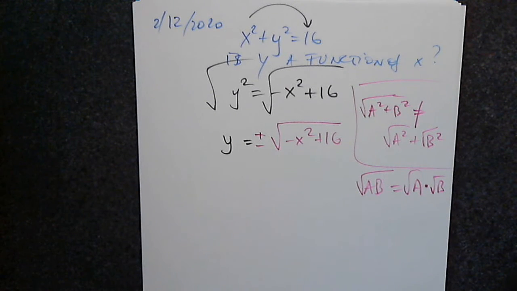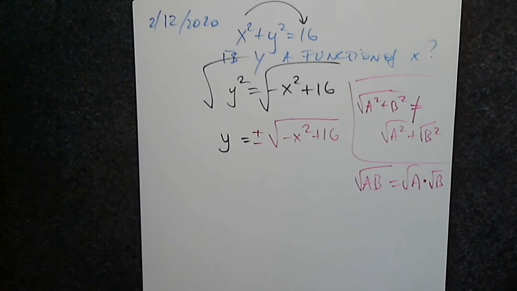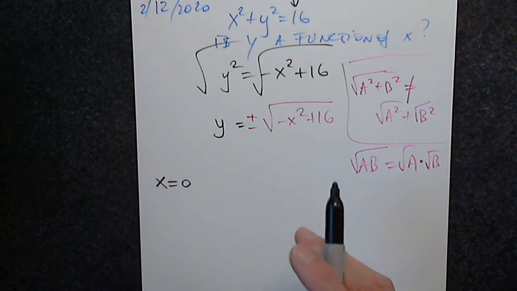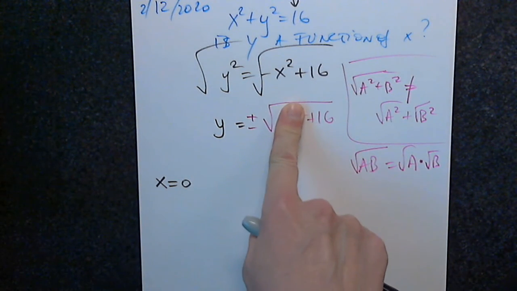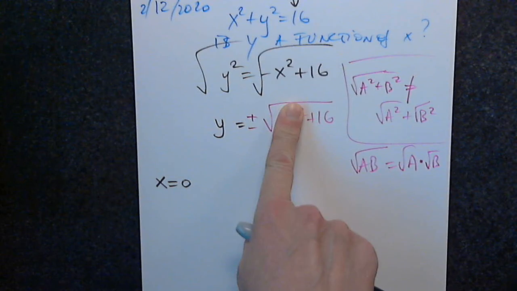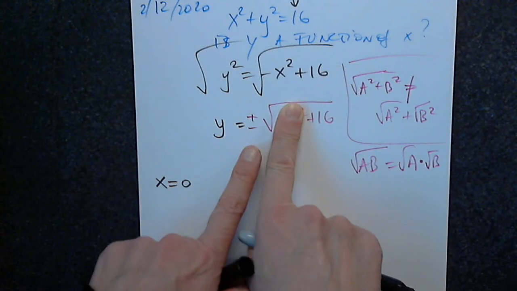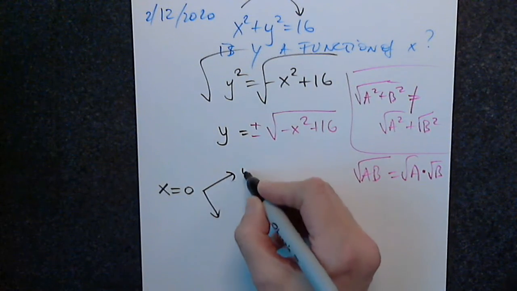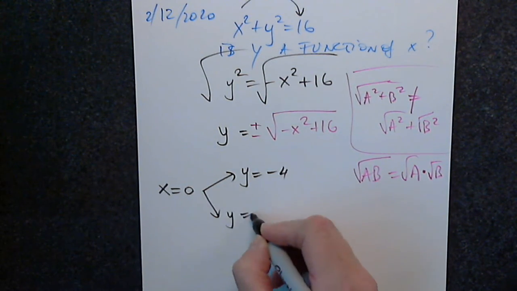Okay, so now we haven't answered the question yet. We only solved for y. Very good. So if I manage to show, let's say, that when x is 0, how much is the square root of 16? 4. How many solutions do we get? Exactly. Awesome. When y equals negative 4 and y equals 4.